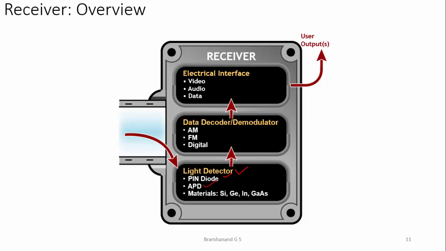Once the light is detected, they convert the optical signal to electrical signals, and the decoders and demodulators will decode and demodulate the signal, which gets converted to electrical digital data by the electrical interfaces linked to my decoder demodulator, and eventually my data reaches the end user.